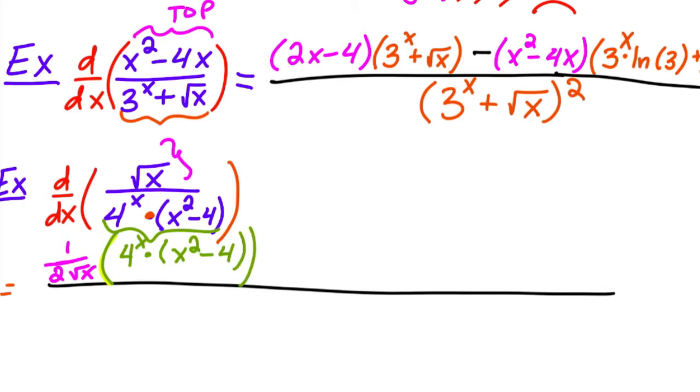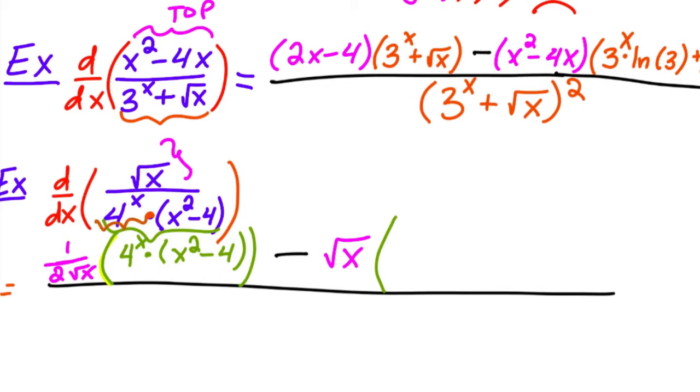So the derivative of the top times the bottom, leaving it alone, minus the top times the derivative of the bottom. Now when I get the derivative of the bottom, I'm going to have to do the product rule. Let me use another set of colors.